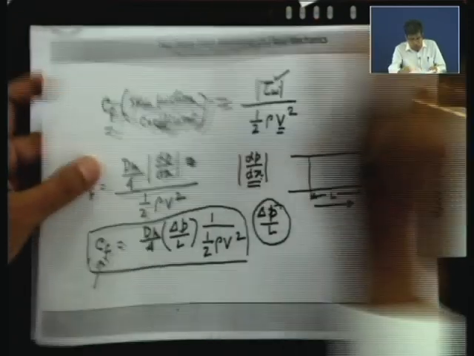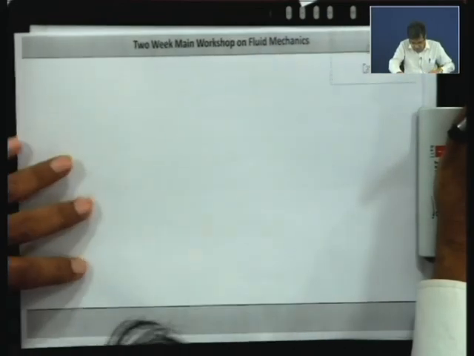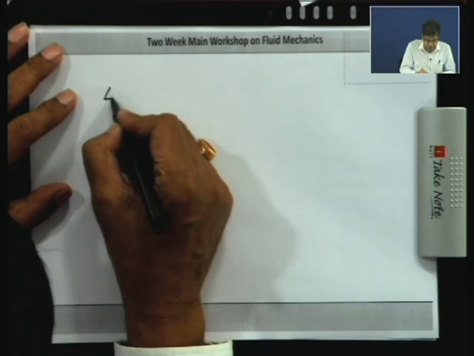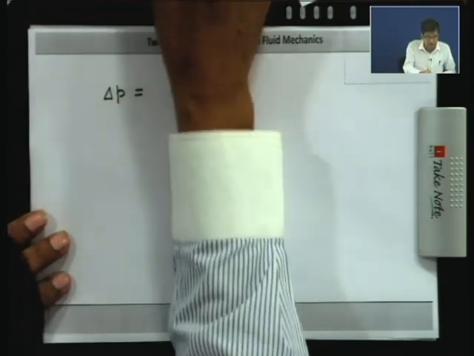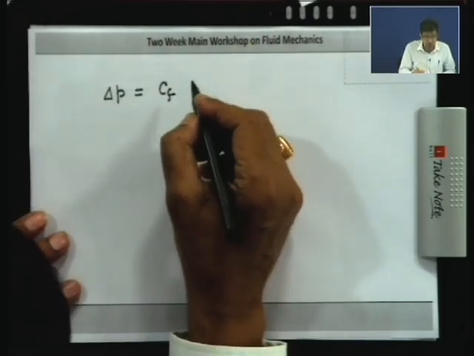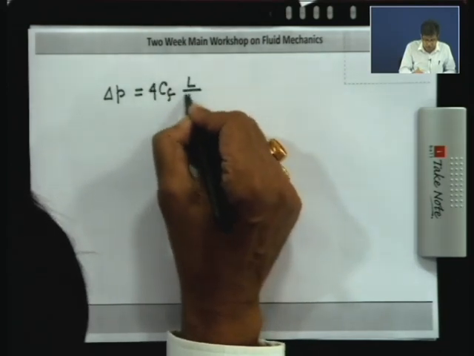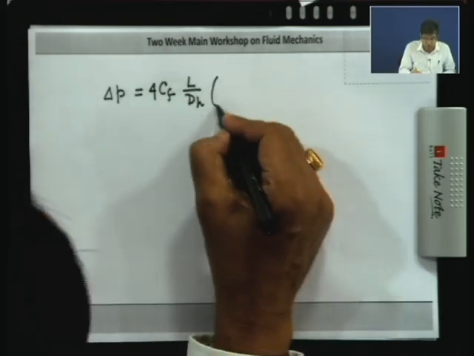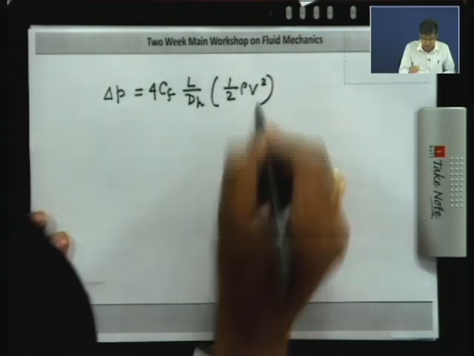for the practical problems, that delta P over a length then becomes equal to 4 into Cf into L by dH, into half rho v square.